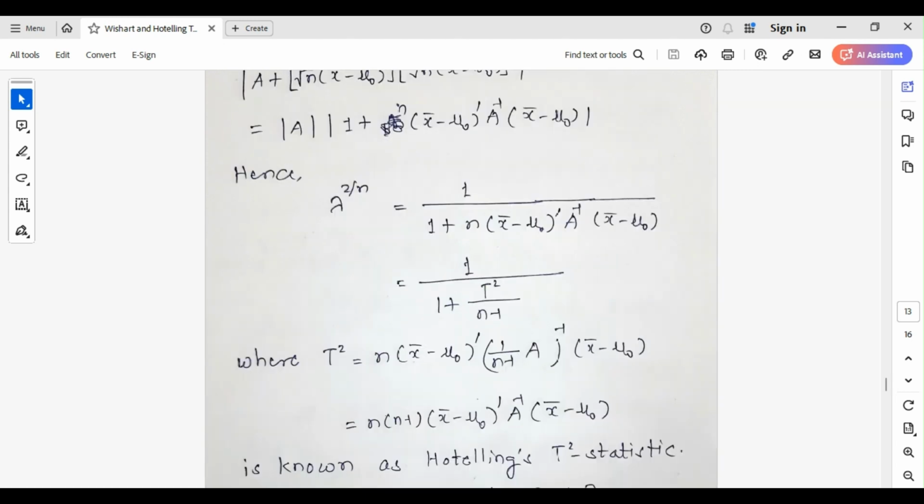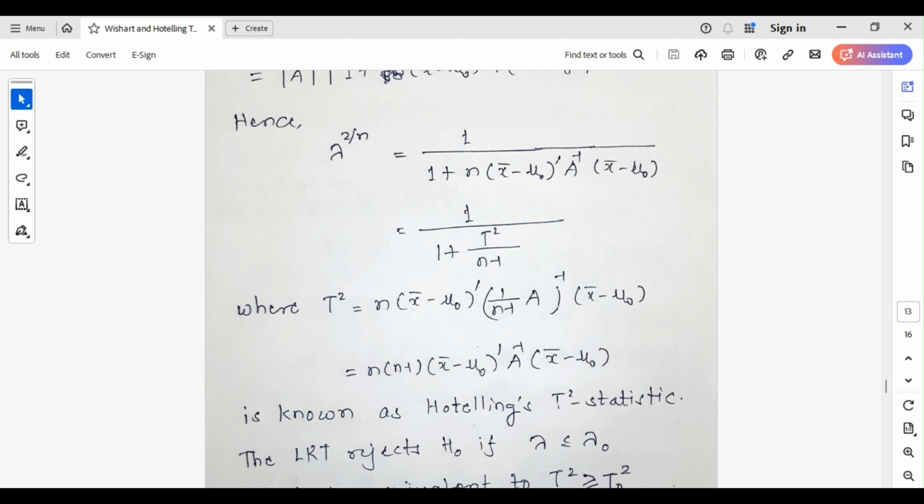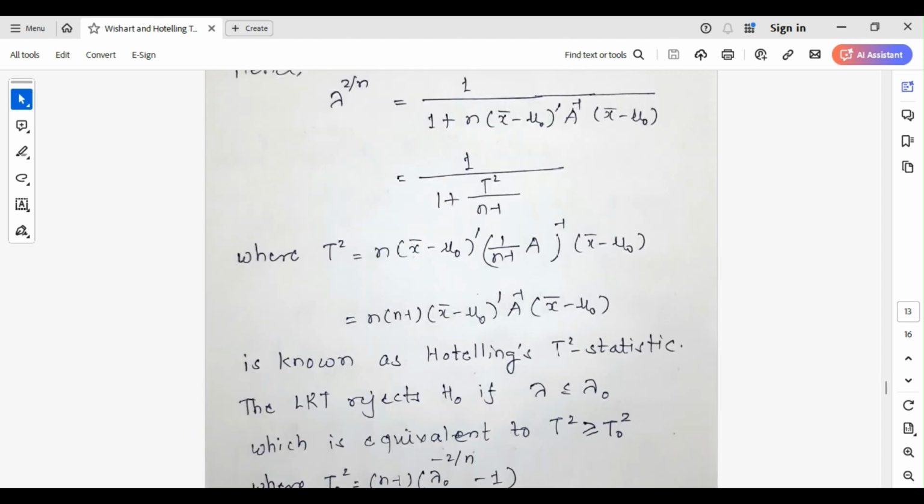So we showed that the likelihood ratio test can be written in terms of a statistic like this. This statistic t square is known as Hotelling's t square statistic, and it is widely applied to test hypotheses associated with the mean vector of a multivariate normal distribution.